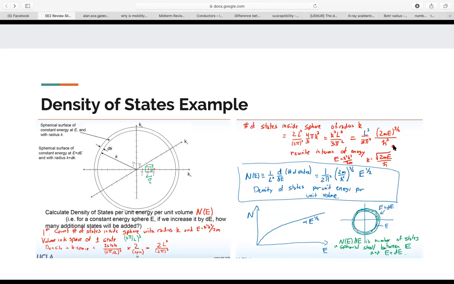And then you take that and divide it by the volume of the box, so 1 over L cubed.